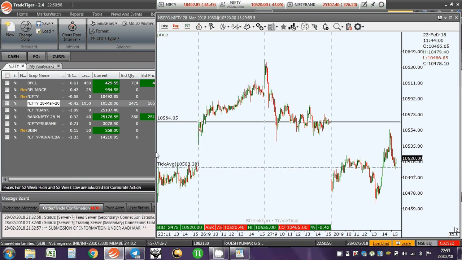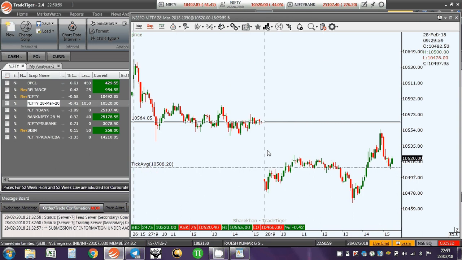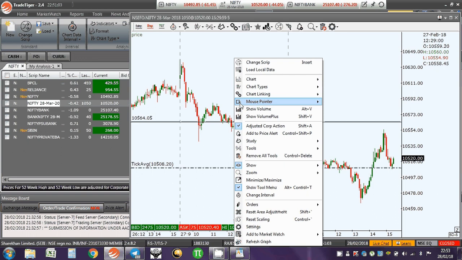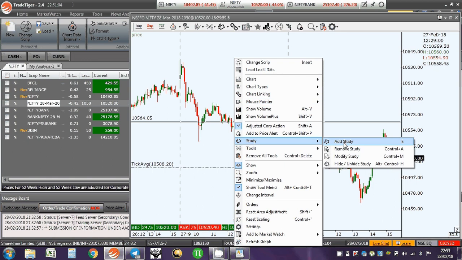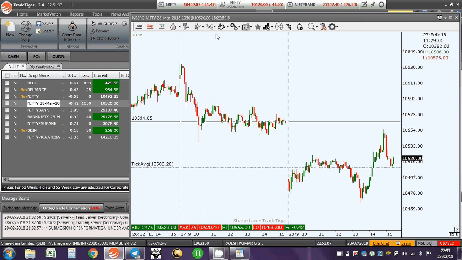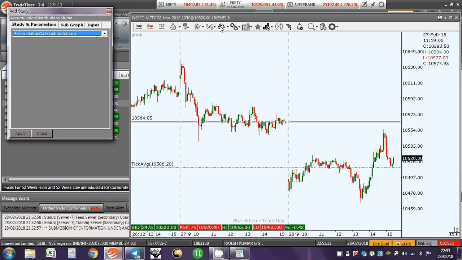Now what I do is I'll show you how to add EMAs. Normally you can right click, go to add study, and you can add. Otherwise you have shortcuts here, tools, here study, so you directly get study.